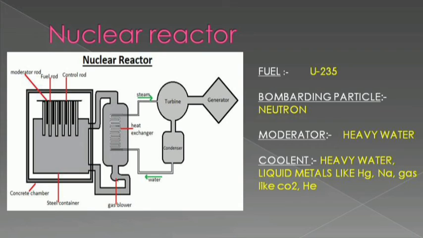In a nuclear reactor there are rods of graphite, fuel rods, moderator rods, and a control rod, and the fuel material is placed in the chamber, which is bombarded with neutrons, and these neutrons generate a huge amount of energy. The velocity of neutrons can be controlled by using a moderator like heavy water.